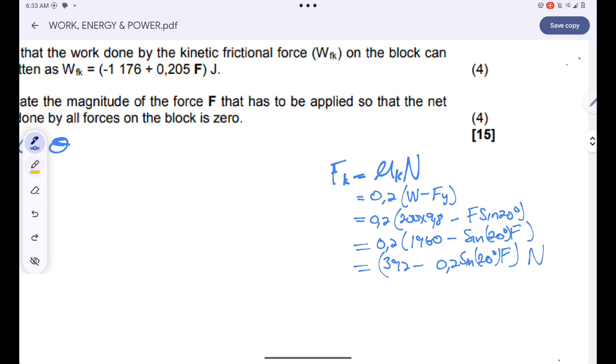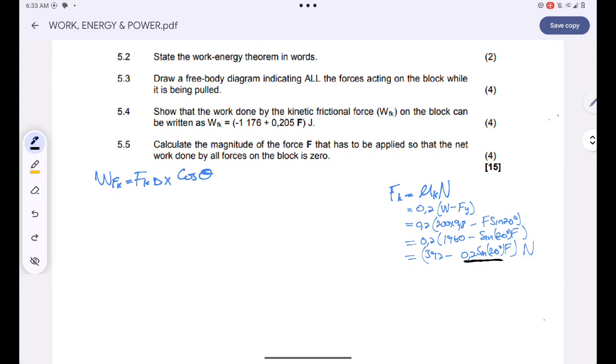Please note that, guys, I haven't multiplied this out as well, because I will get an irrational number, so I don't want to round off until I'm at the final answer. That's when I'm supposed to round off. So I'm going to take the frictional force as it is now.